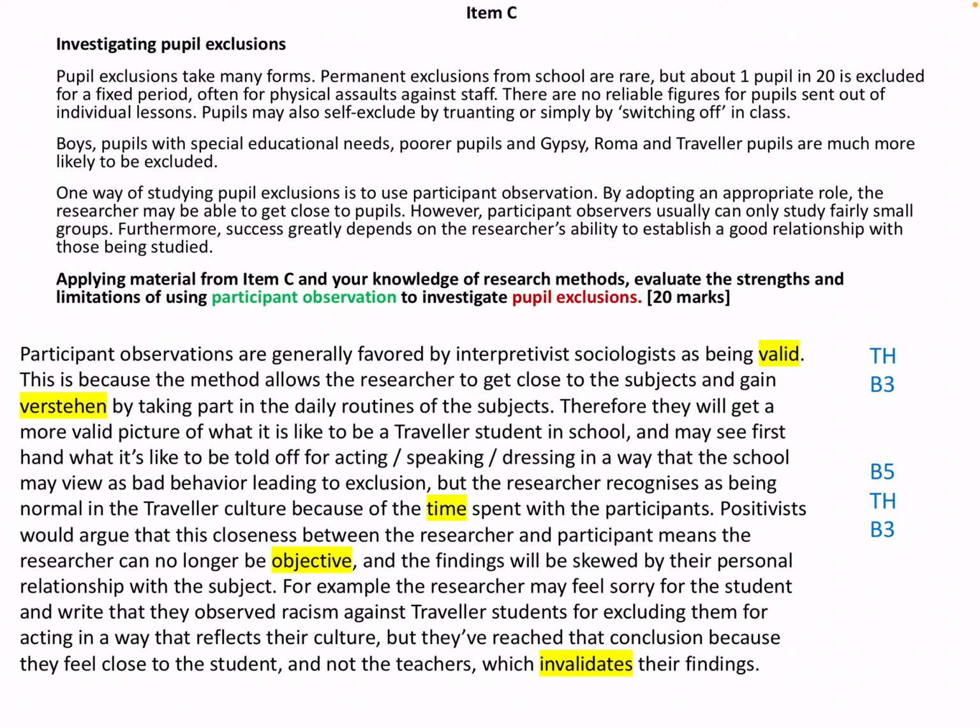And then I've tried to develop this a bit better and apply it more to the traveller community specifically, about the fact that the researcher might end up feeling sorry for the traveller student and see the school as being racist, whereas positivists would say actually that's just because the researcher has become too close to the traveller student, and they're not seeing that maybe the teacher is following the behaviour policy of the school. But that wasn't so strong, I personally thought, about my own work, so I only gave that a high band 4, a low band 5, so maybe only one extra mark for that one.